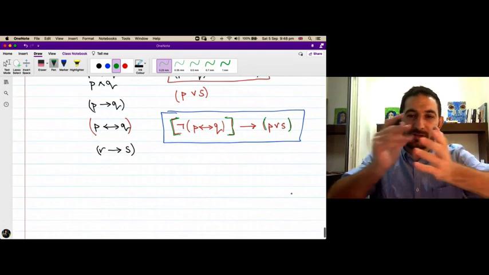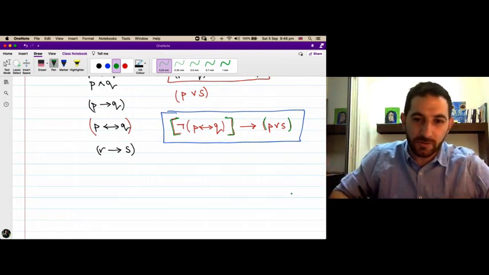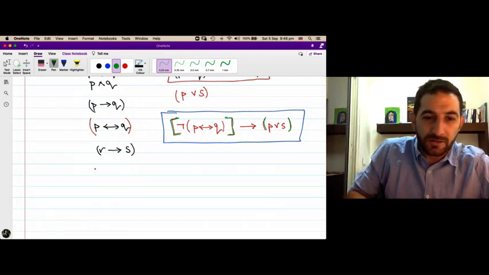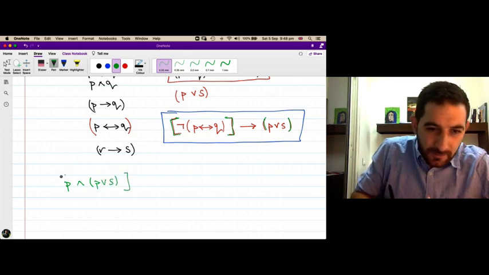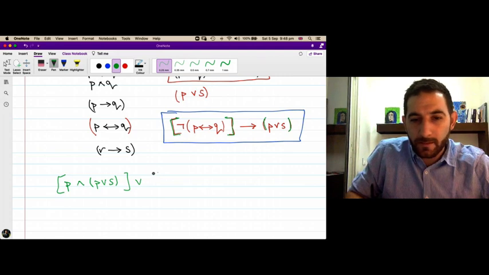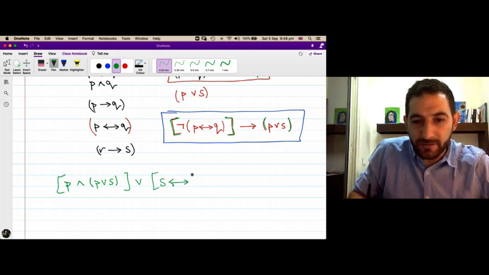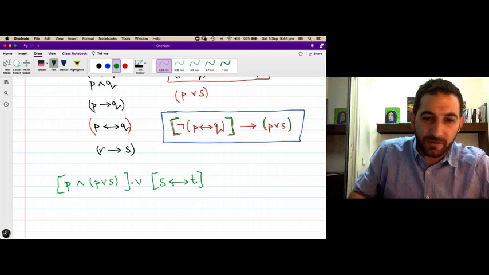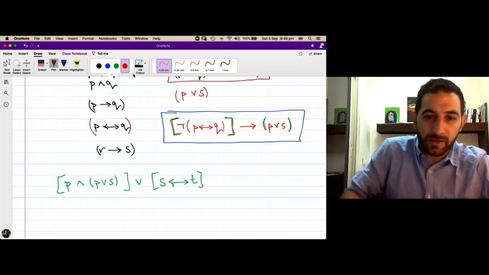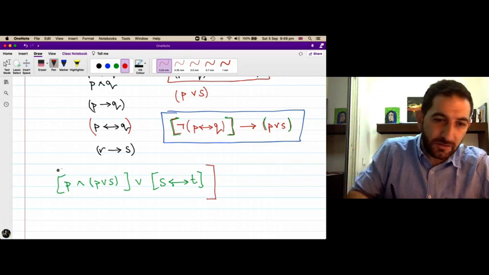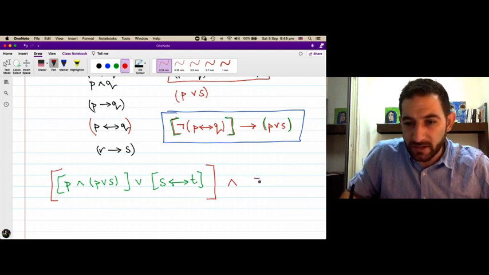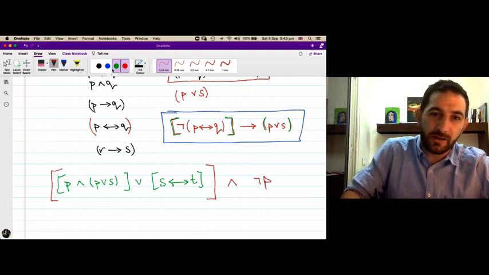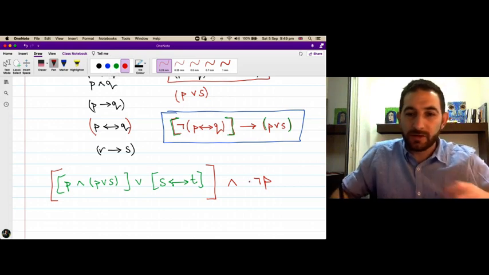Okay, and see, we can construct propositions as long as you want, and we have infinitely many propositions. So, for example, we have this P and P or S, or S if and only if T. So now this is a disjunction of these two, and now we can take this as a proposition and take its conjunction with the negation of P. Okay, so now we have a longer proposition.